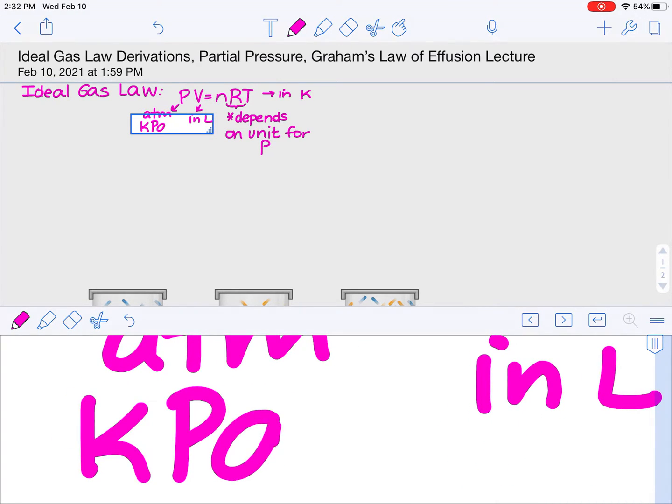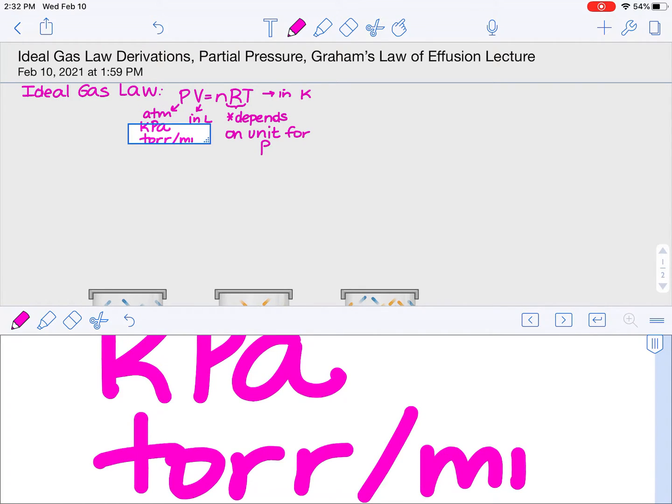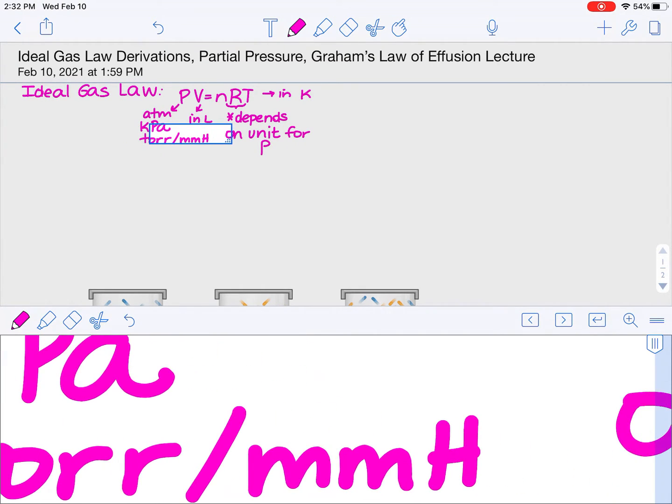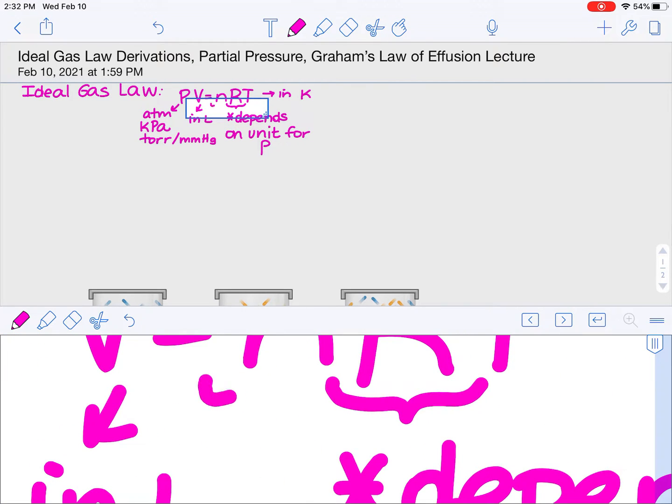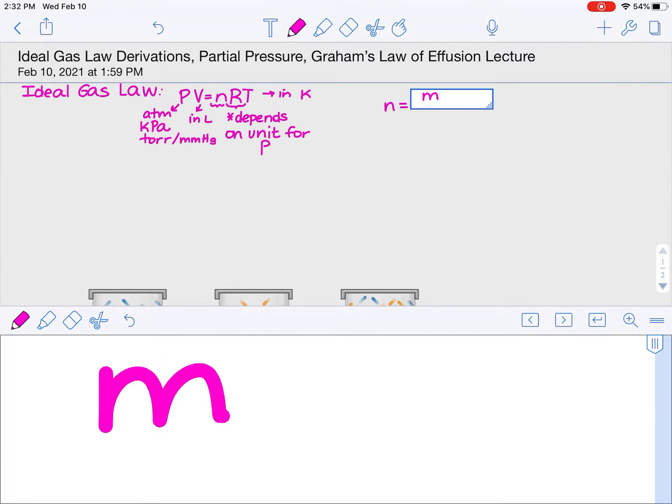Our pressure can be in either ATM or kPa, which is kilopascals, or torr/millimeters of mercury. The reason why those ones are slashed is because they are equivalent. Their standard values are both 760. And N, which is what we're going to be emphasizing now, are our number of moles.